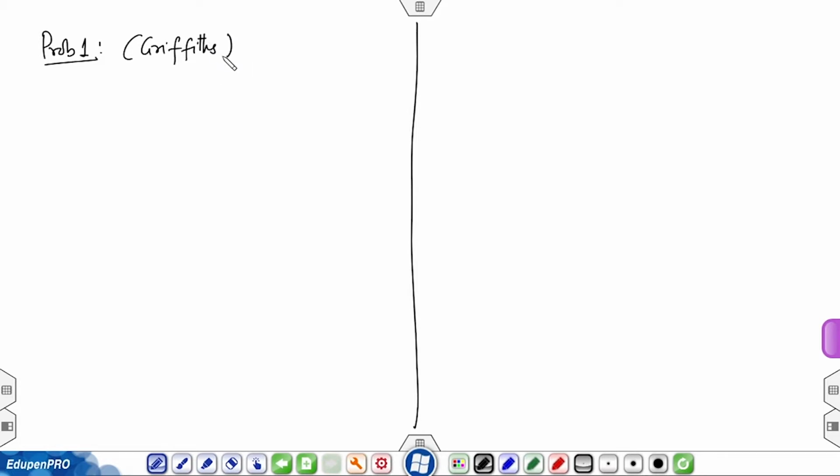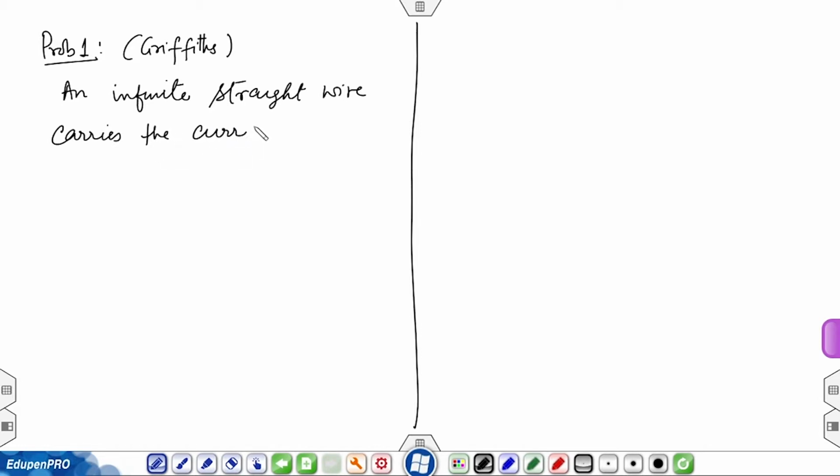So, this problem says that an infinite straight wire carries the current I t equals 0 for t less than or equal to 0, and it is I 0 for t greater than 0.